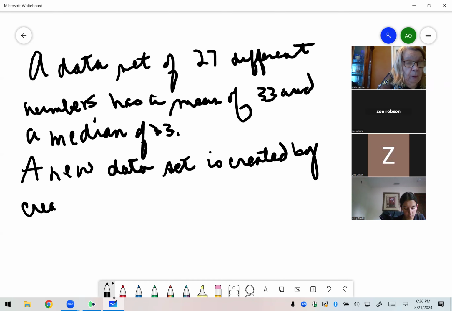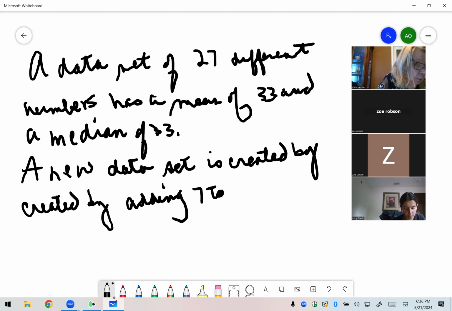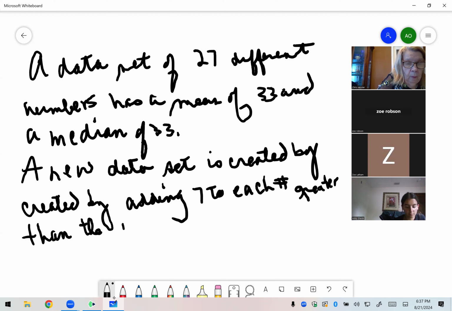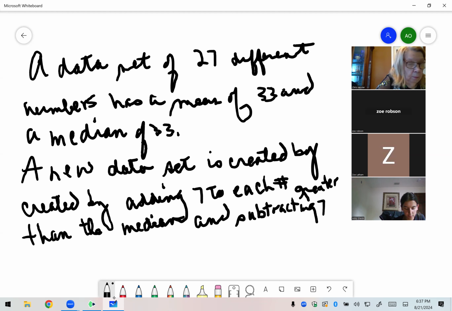It is created by adding 7 to each number greater than the median and subtracting 7 from any number less than the median.